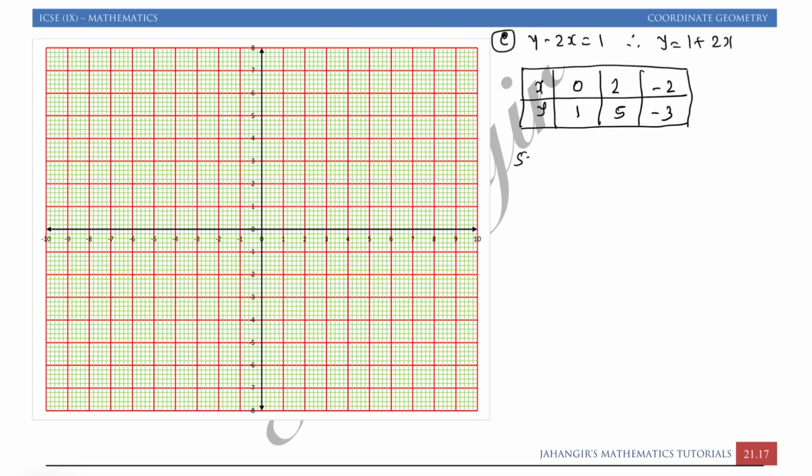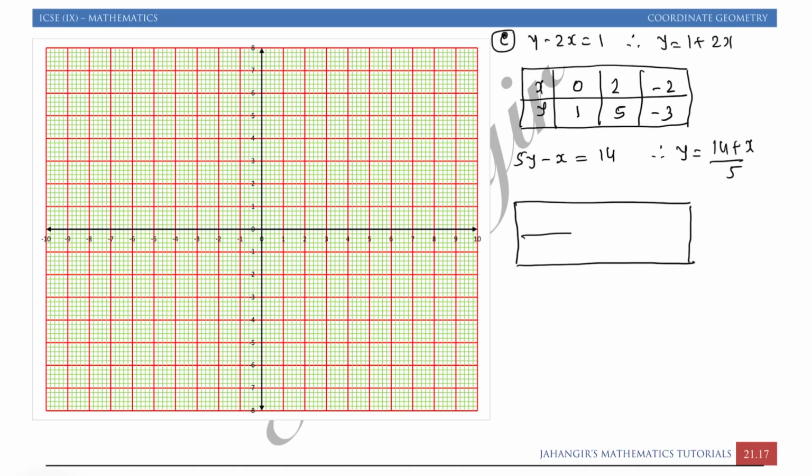Second equation is 5y minus x is equal to 14. So therefore y is equal to 14 plus x upon 5. Let us make table. x, y. If x value is 1, y value is 3. If x value is 6, y value is 4. If x value is minus 4, y value is 2.